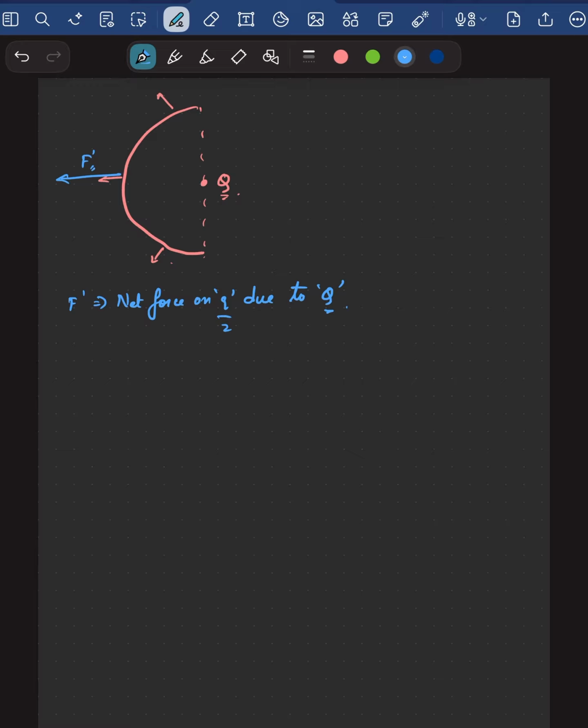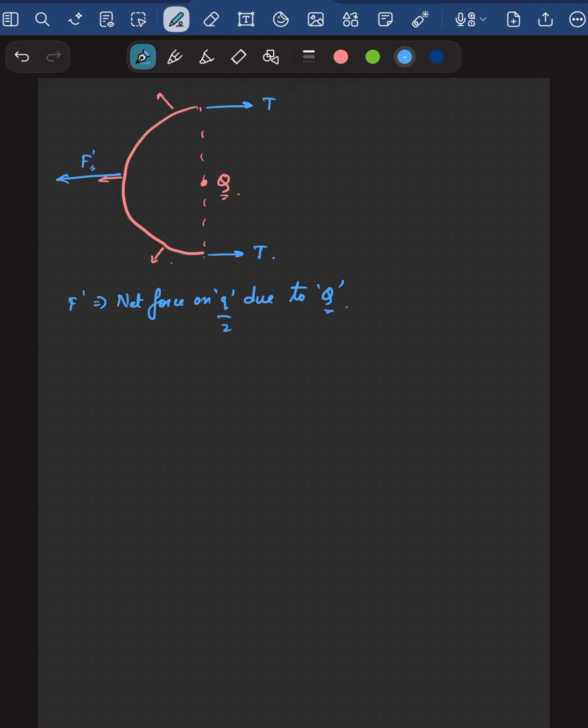Right? And once again, because of this force now, what is preventing this entire semicircular ring from moving towards left? It's once again the tension force, and now this is the tension force exerted by the other semicircular part on this. So the other semicircular part is exerting a tension force on this semicircular part in this way, right? And this tension will be the same as the tension value which you calculated everywhere.